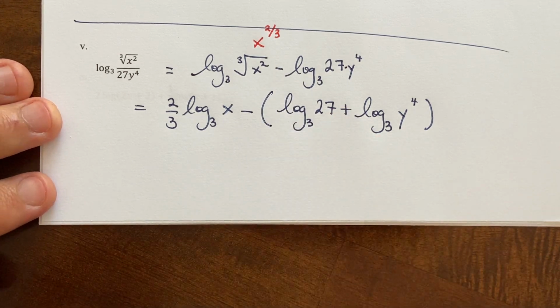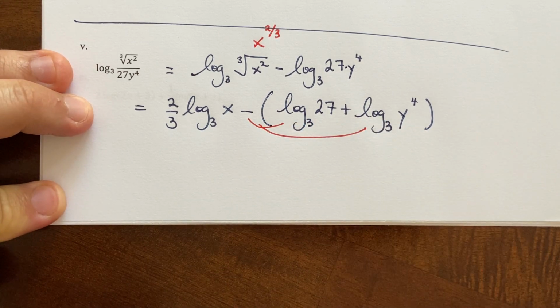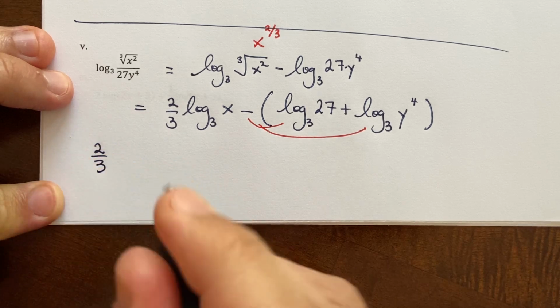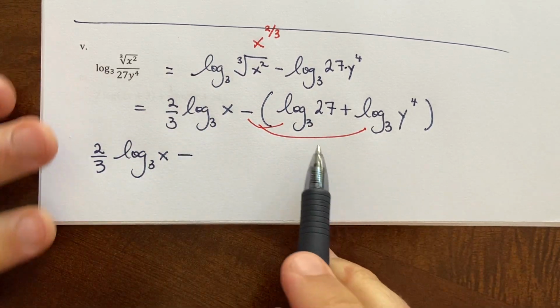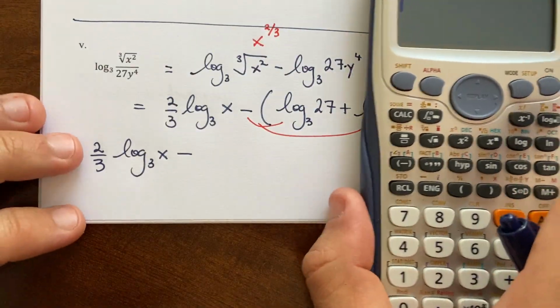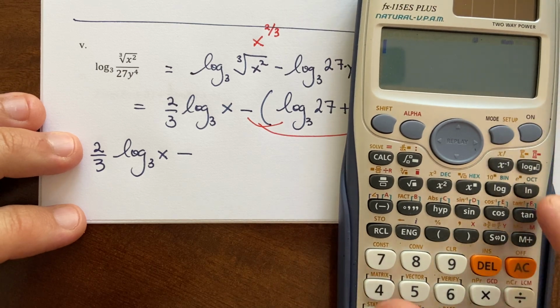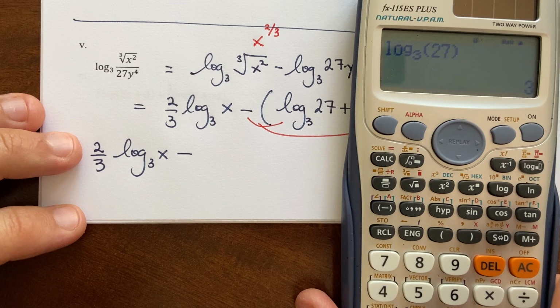Now this negative needs to distribute here. So I have 2/3 log base 3 of x minus, well, log base 3 of 27, that simplifies, right? Log base 3 of 27, that's the number 3.